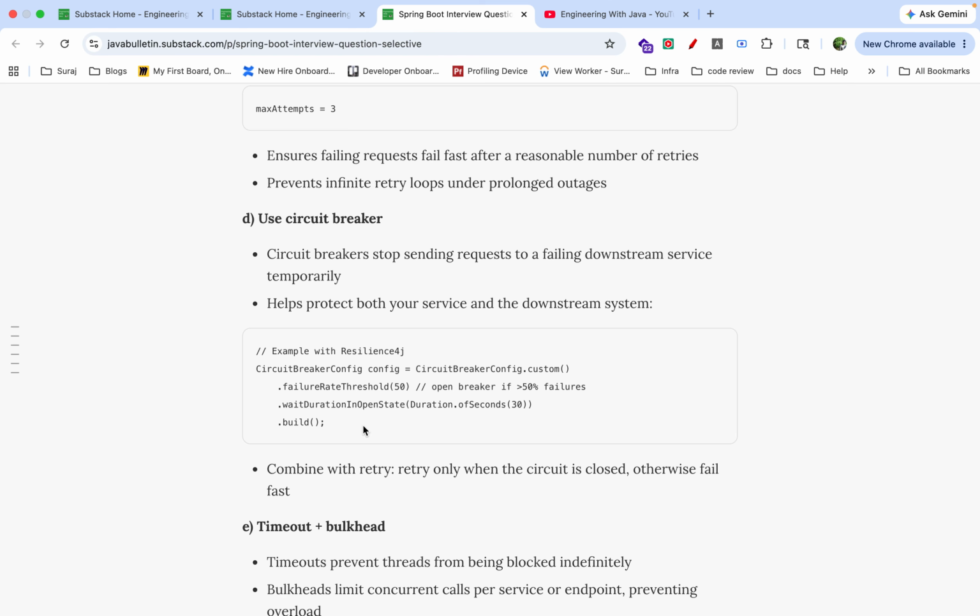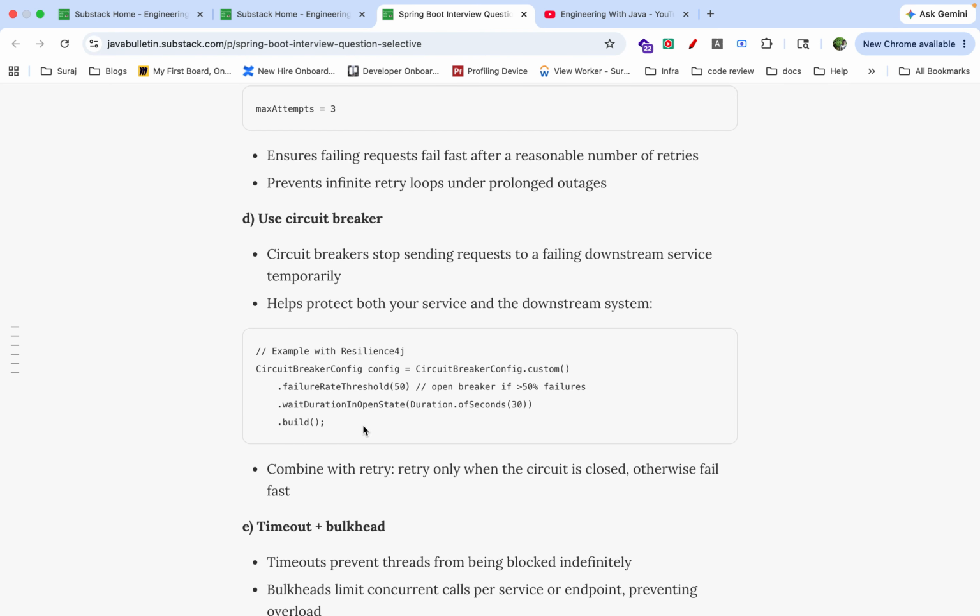So the circuit breaker is a pretty good solution to solve failure on the downstream system that is somewhat persistent for some amount of time, and not a transient issue.